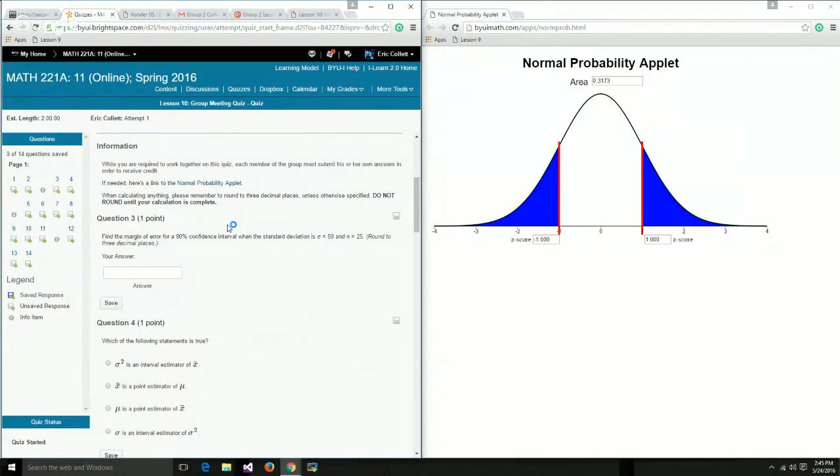Okay, so question 3. Find the margin of error for a 90% confidence interval when the standard deviation is 50 and n equals 25.